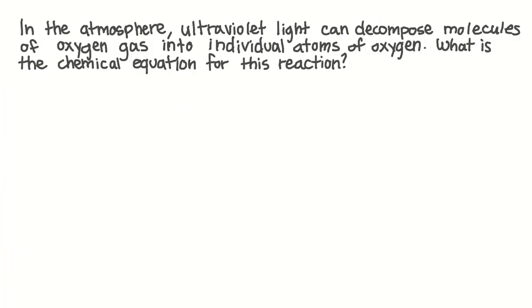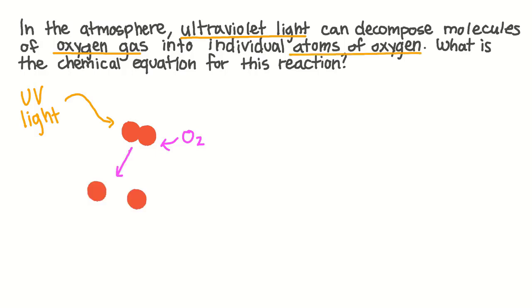In the atmosphere, ultraviolet light can decompose molecules of oxygen gas into individual atoms of oxygen. What is the chemical equation for this reaction? In the reaction described in this question, ultraviolet light is causing oxygen gas, which has the chemical formula O2, to decompose into individual atoms of oxygen.